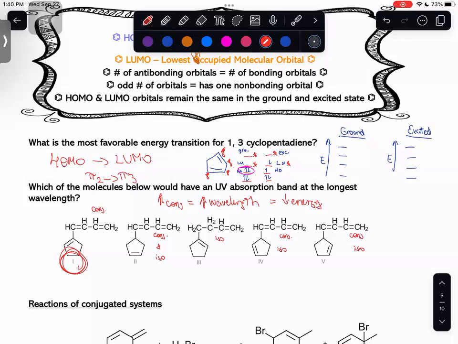Is a carbanion going to be considered sp2? We saw one of the examples actually. So yes, remember carbanions, radicals, carbocations are all going to be considered sp2. Okay.